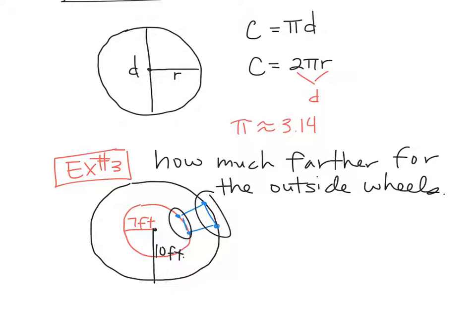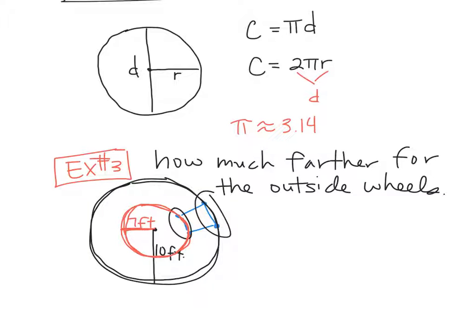Okay? Think about what that is. This distance, this circle, that's circumference, right? This circle, one lap around, is the circumference. So we have to find the circumference of both of those and then subtract. So if circumference is pi d, what would the diameter of the red circle be?